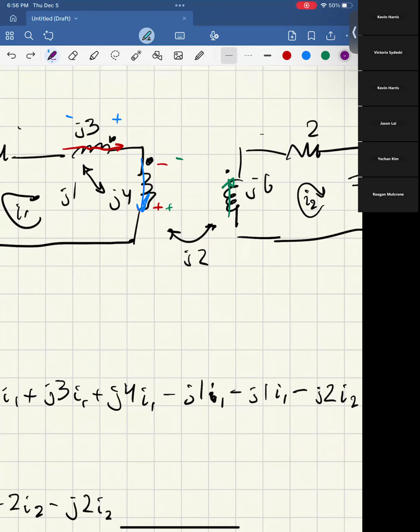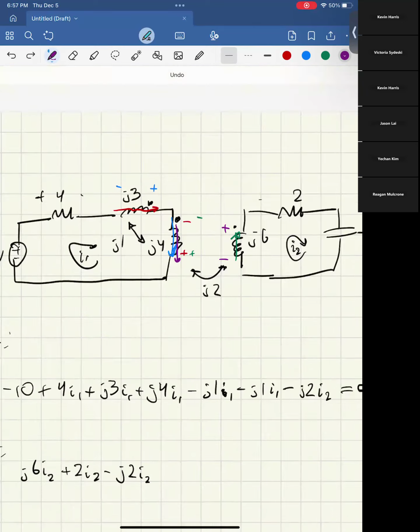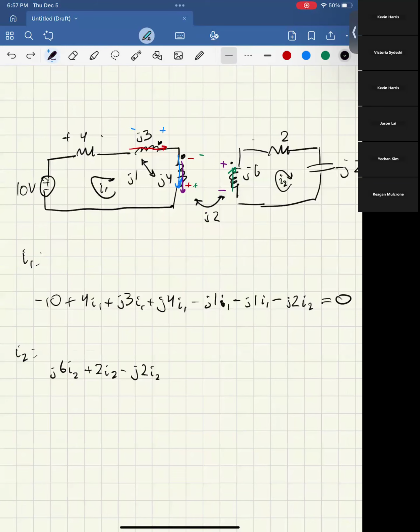So we have the effect of this inductor through here. Again, the purple current, I1, is going in the dotted side, which means it's going to induce a positive at the other dotted side. So current is going that way, and the voltage is rising in the direction of current, which means this is a negative voltage. So this is going to be minus j2 I1 equals 0.